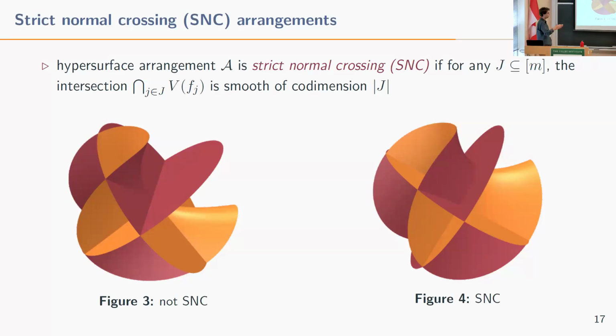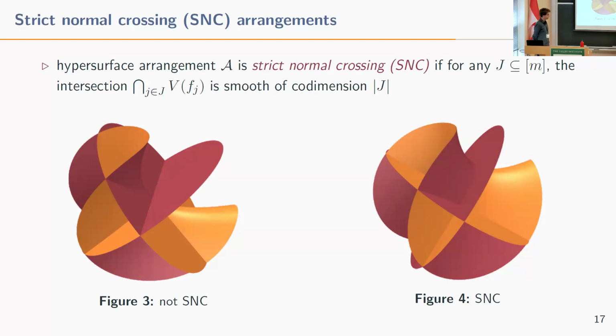Okay, so this already tells you that this is some kind of genericity, because this perturbing brings you into an SNC situation. So this is a geometric condition, what it means for the hypersurface arrangement to be generic.